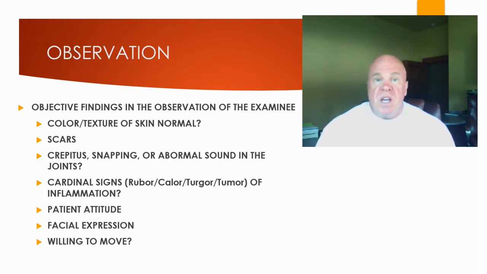So the examiner needs to keep one eye open to what it is that the examinee is telling us non-verbally. And many of these observational findings can serve as true objective physical examination findings when they are consistent with the known injury and when they are consistent with the known condition of the examinee.